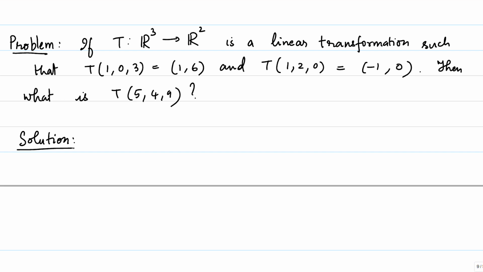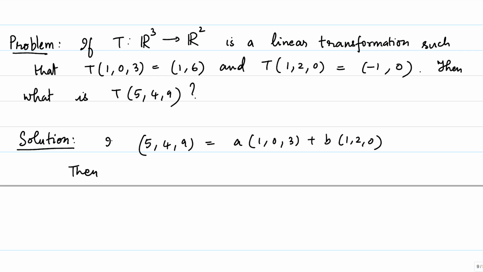So the only thing that we know is that our given linear map is a linear transformation, nothing else. So in other words, we will be forcing ourselves to use just that simple property to get hold of 549. So to do that, notice 549 is kind of special. So if this is equal to say A times 103 plus B times 120, suppose we can write it like this, then what is T of 549?